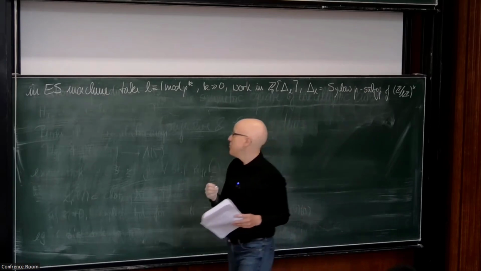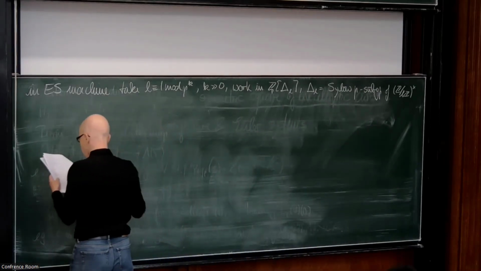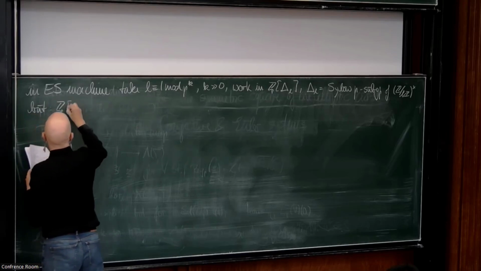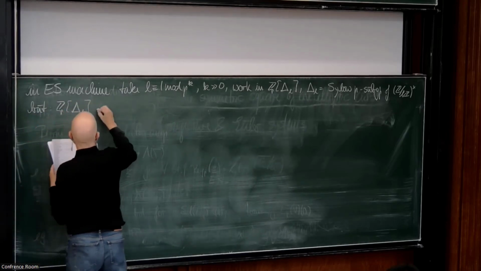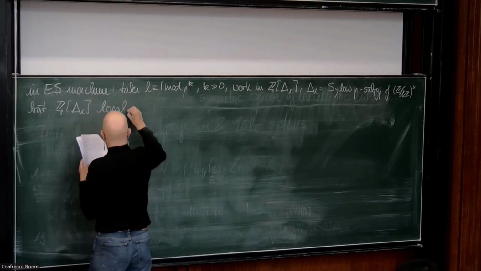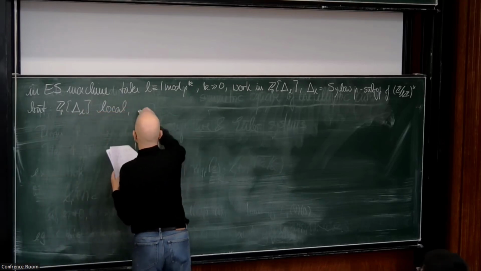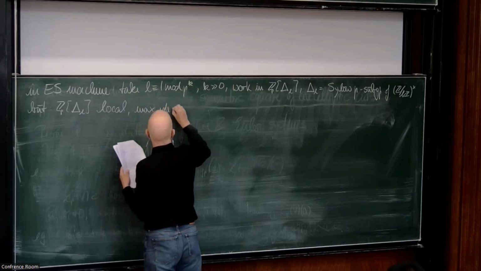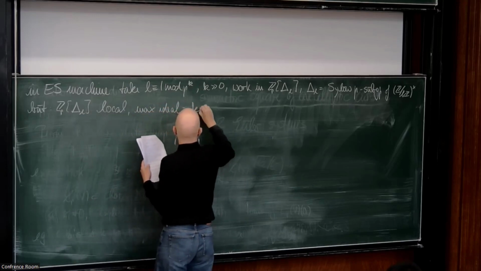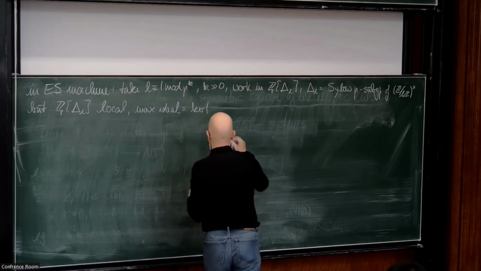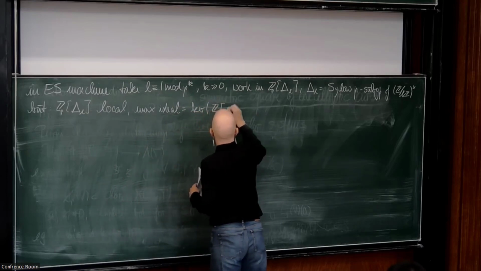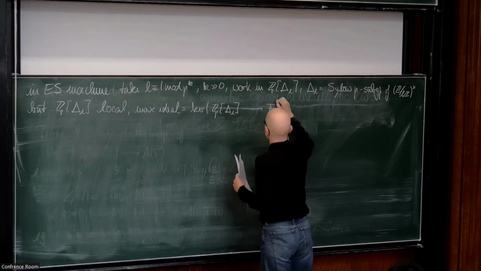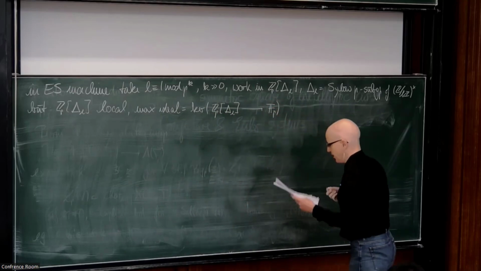But this group ring is a local ring, and what is the maximal ideal? Just the augmentation ideal, the kernel of the map into F_p.